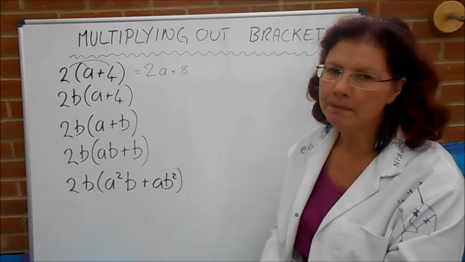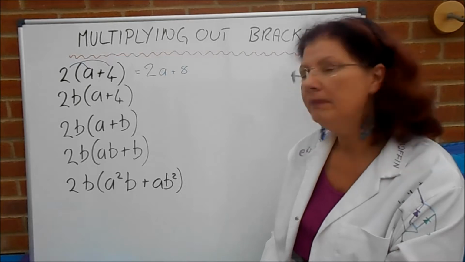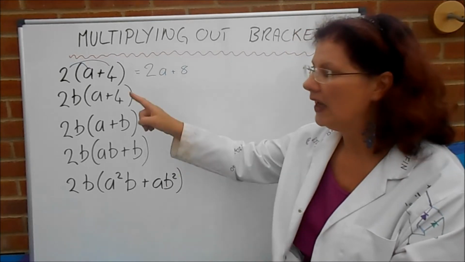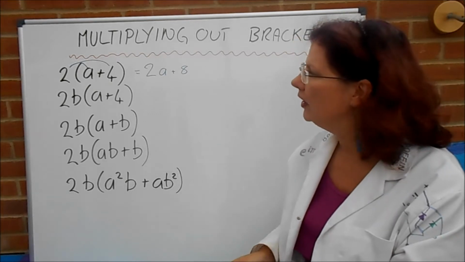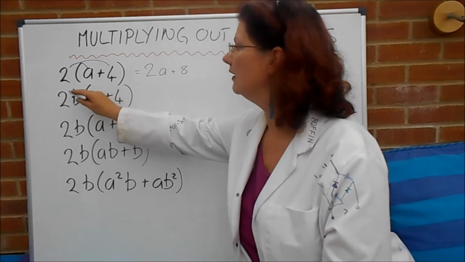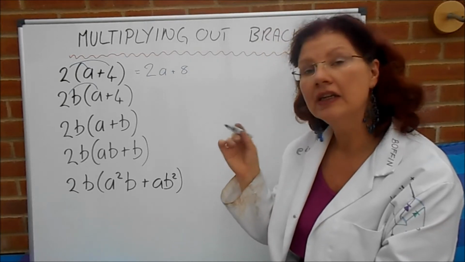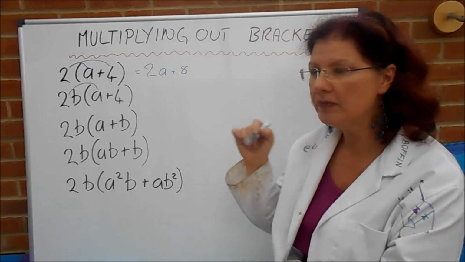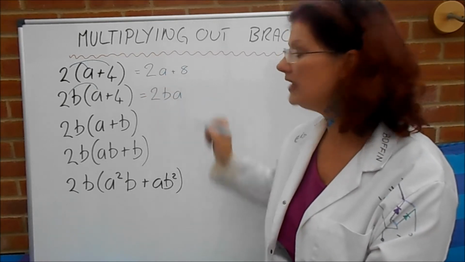In the next one, we've got something more than just a number outside them, but it works exactly the same. You do everything outside the brackets multiplied by all the bits inside the brackets. So we're going to do a 2b times the a. So that's 2 times b times a.